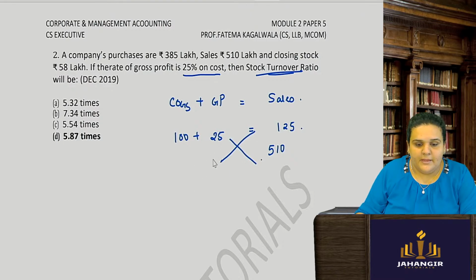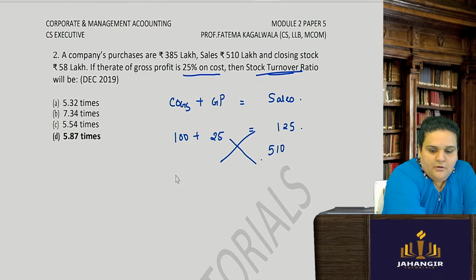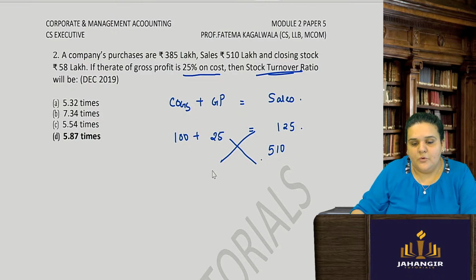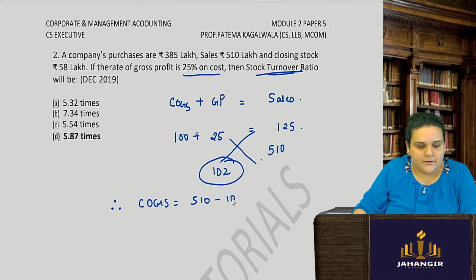My profit will be 510 into 25 divided by 125. You will get 102 lakhs as your gross profit. Therefore, your cost of goods sold will be equal to 510 minus 102.